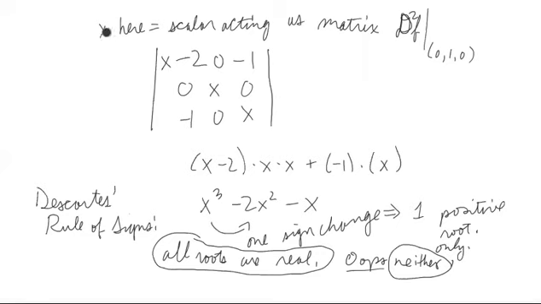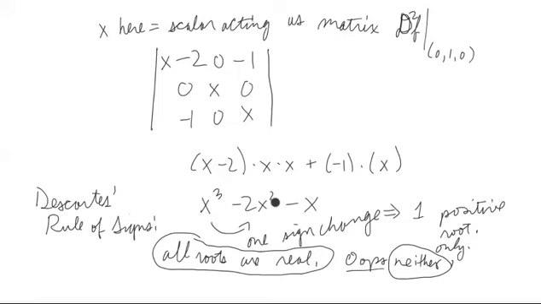Let x be a scalar representing the matrix right here. This x is not the x previous in the definition of the function. It's a different one. Oftentimes people use a different variable like lambda. I'm just sticking with x. Just realize what x refers to in this case. So we compute the characteristic polynomial by putting x down the diagonal minus the matrix, and we end up getting this.